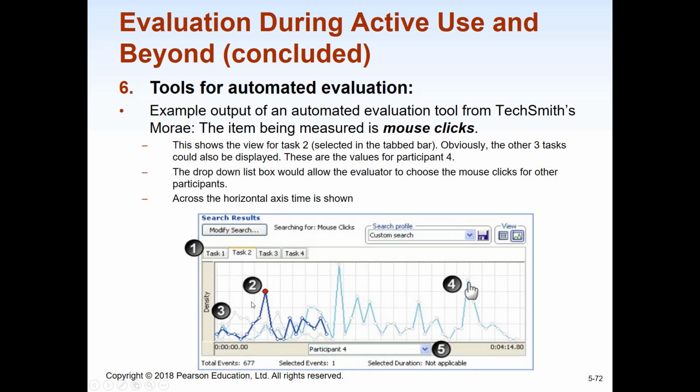Obviously, the other three tasks could also be displayed, but these are the values for participant 4. So this is the density of the clicks, and this is the time stamp. The drop-down list box would allow the evaluators to choose the mouse clicks for other participants across the horizontal axis, time.